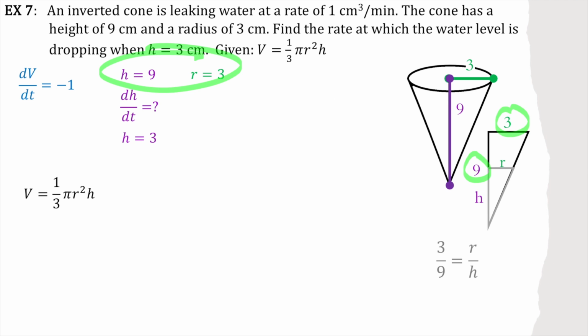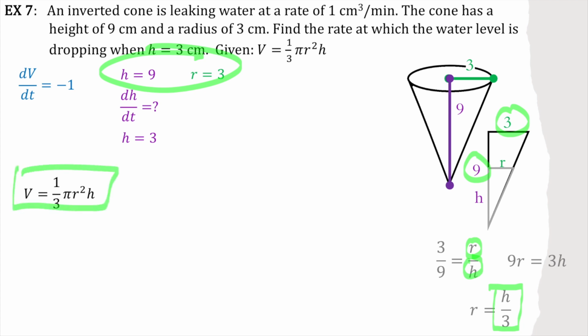And if we leave r and h as variables, we can cross multiply and solve for r. And actually, r is always 1/3 of the height. So let's go back to our formula here, and instead of writing an r, we're going to write h over 3. Clean it up, and look at our new equation.